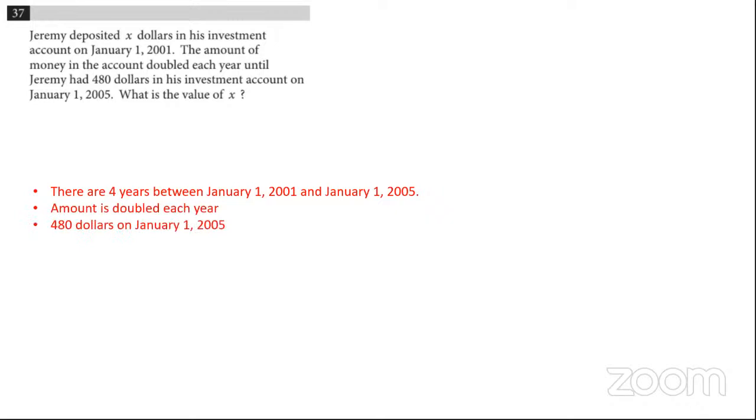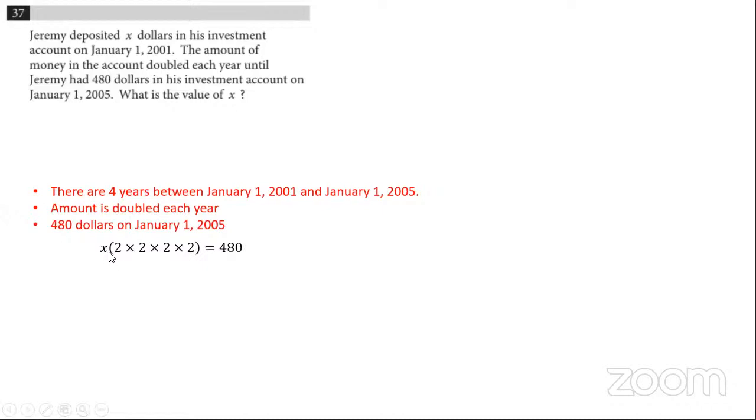We are asked to find the initial amount he deposited. There are 4 years, and each year the amount is doubled. So using all these three pieces of information, let's find the value of X.